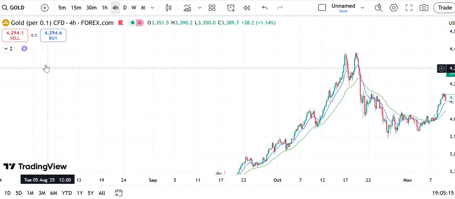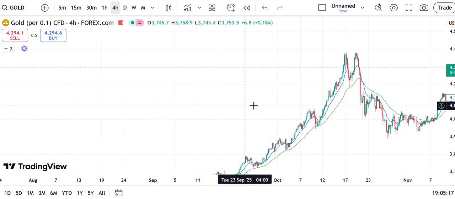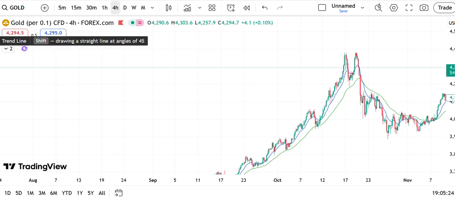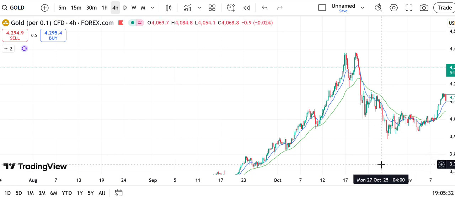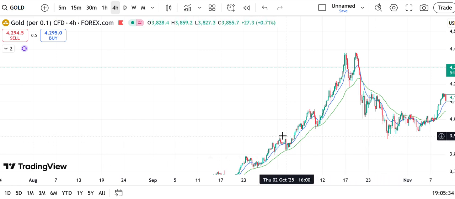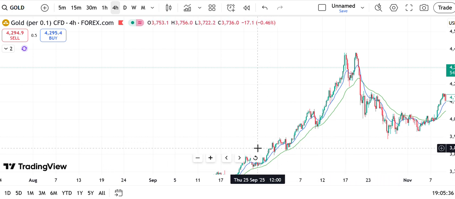The first tool I like to use when trading gold is a trend line. When you draw a proper trend line on gold, you will discover that many times the market tends to obey those zones so much.